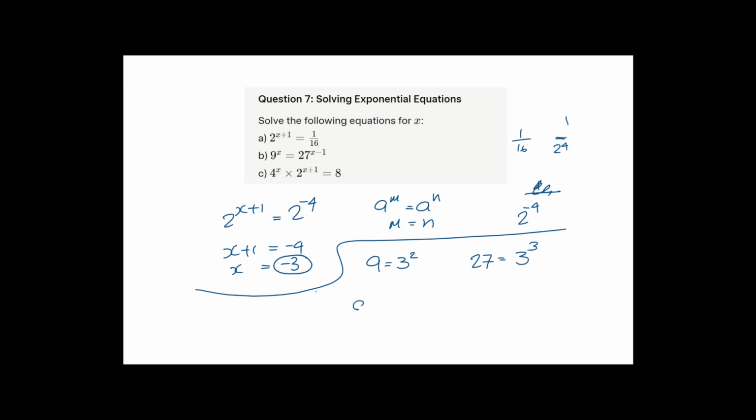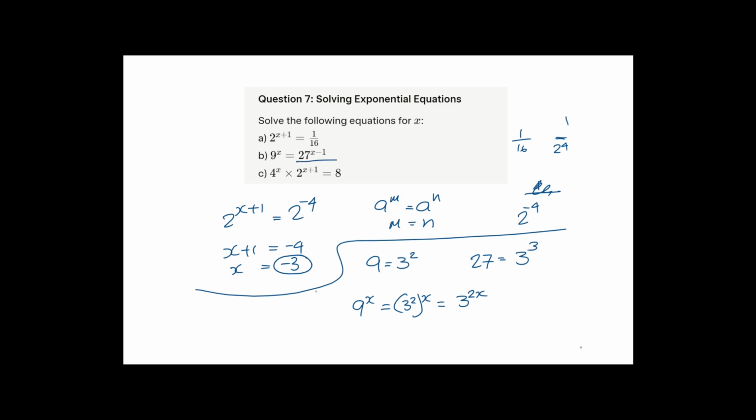So therefore 9 to the power of x must be 3 squared to the power of x, which is 3 to the 2x. Yep.